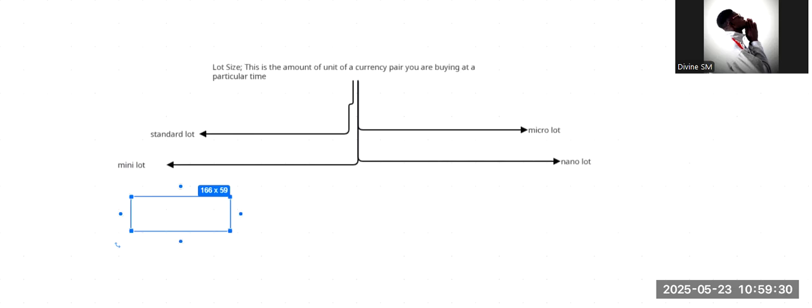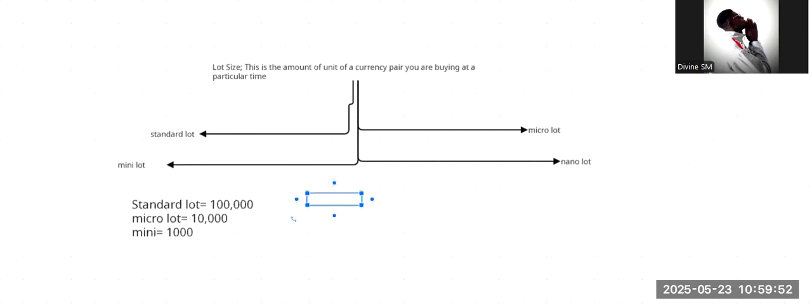So this takes us back to our pips. How do we know the value of a pip? Let's say we are using one standard lot.